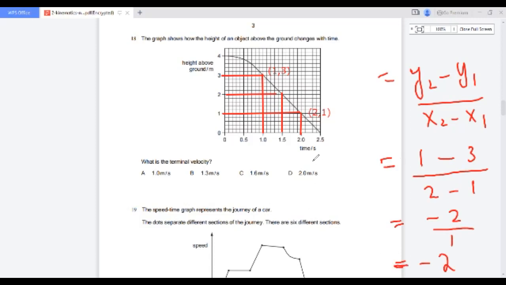The direction represents the decrease in height. Now our answer is 2, so the correct option looks like this one and the rest of the options are incorrect.